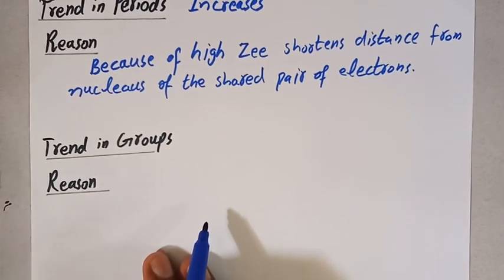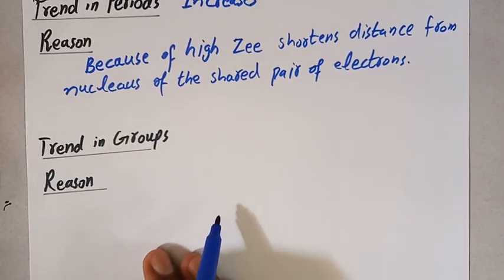Now we will discuss the trend of electronegativity in a group.